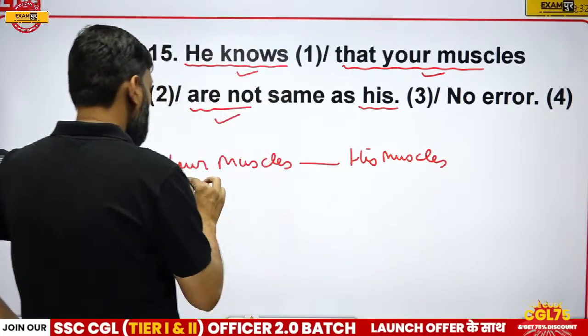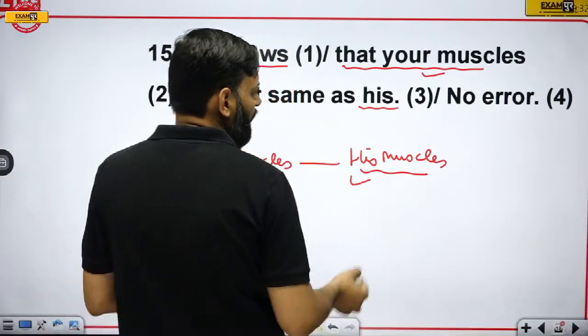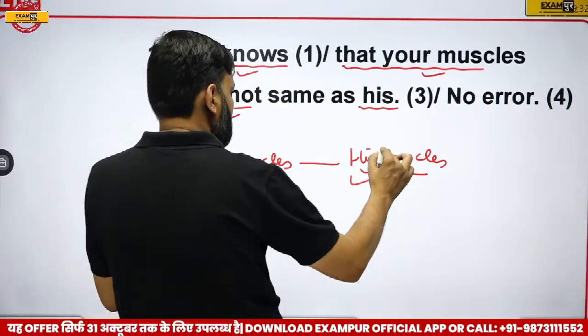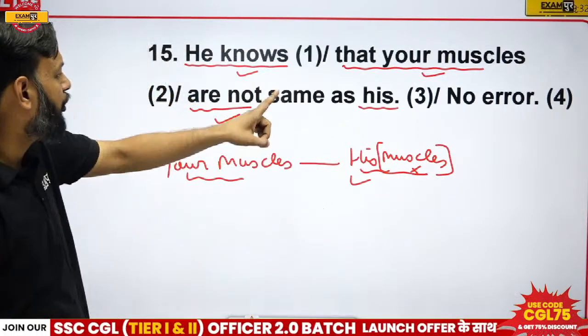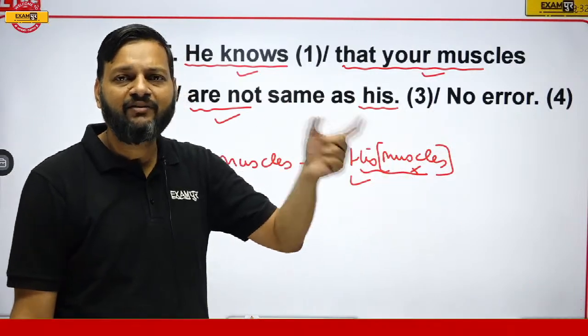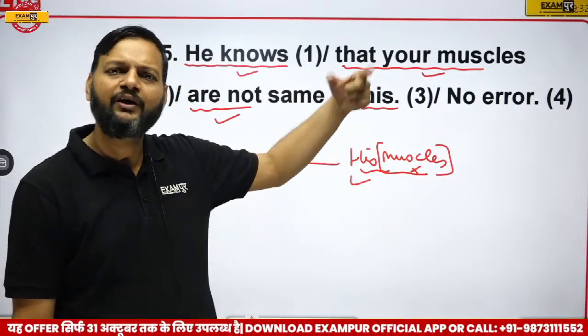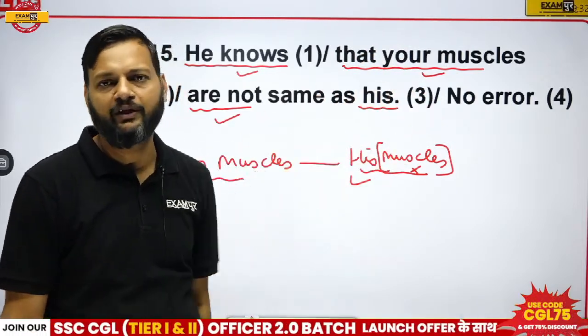Now, muscles should not be repeated. So, your muscles are not same as his, means his muscles. Muscles should not be used because it has been repeated. So, his is absolutely right.